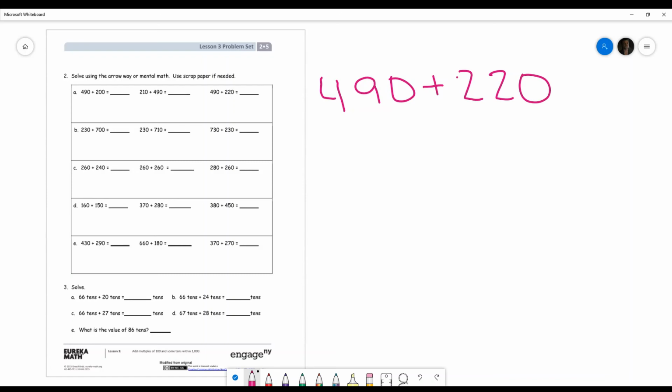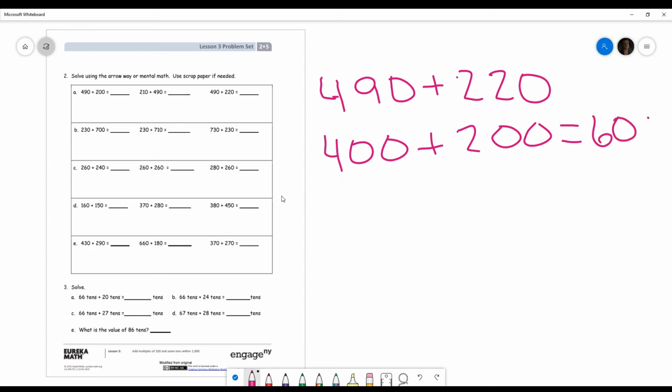Let's add this doing mental math. 490, so I'm going to group my 100s. 400 plus 200 equals 600. Now I have my tens to add. 90 plus 20.